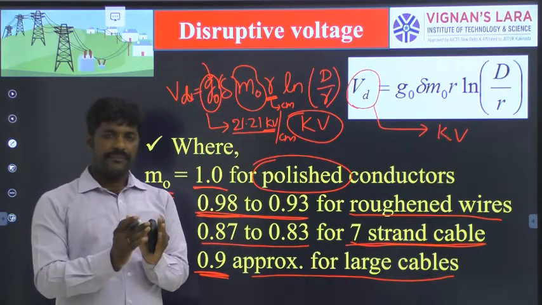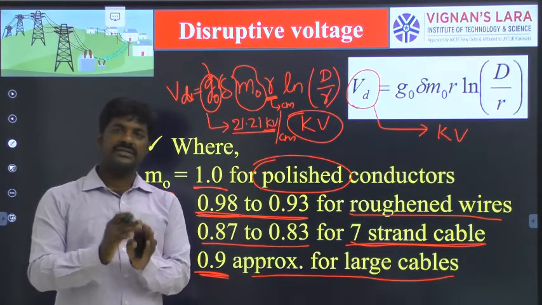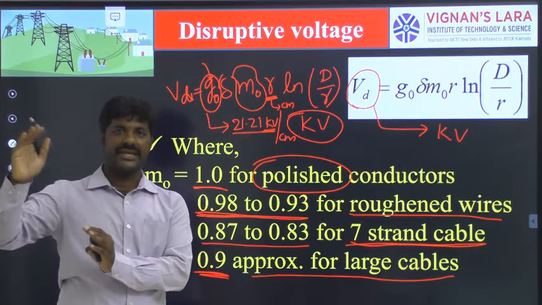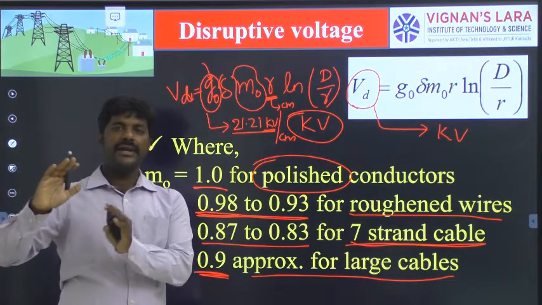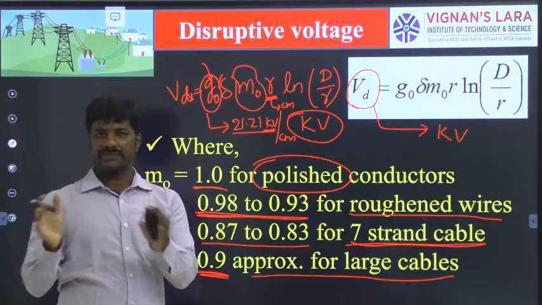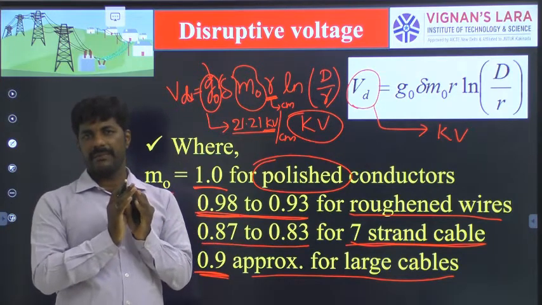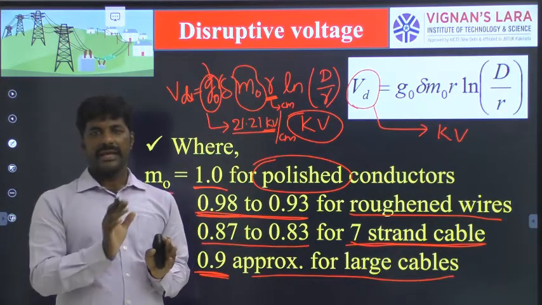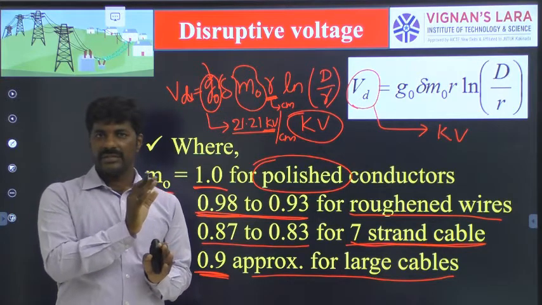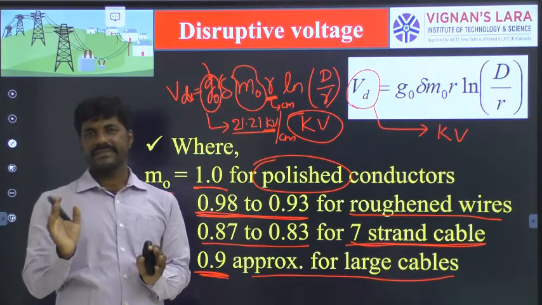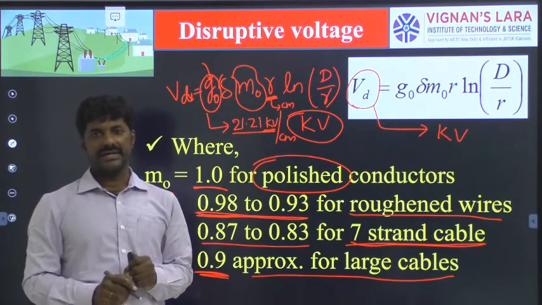And if the operating voltage is beyond this disruptive critical voltage and increasing, then complete ionization of air will take place, so that the air around the conductor completely breaks down and a movement of electrons in the form of a spark appears in the air between the conductors.